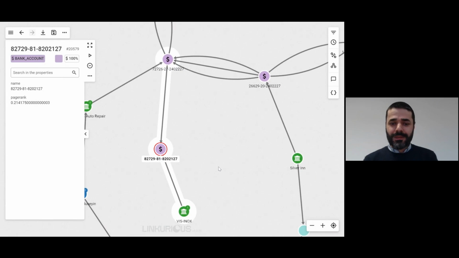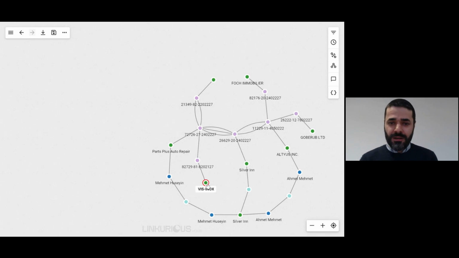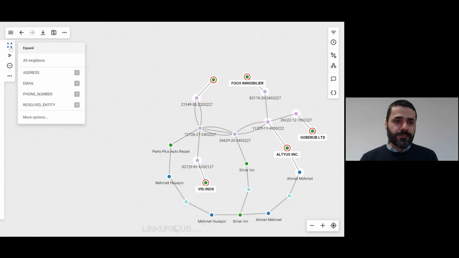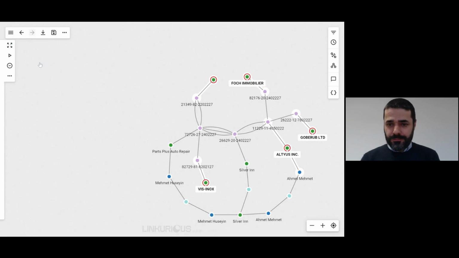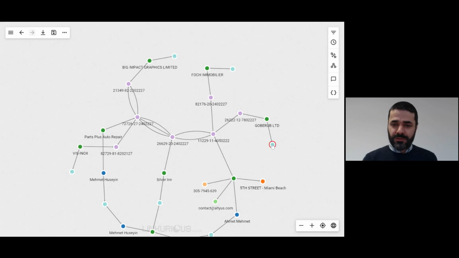And we have identified another set of companies. I can expand all of them, and we see some extra information.